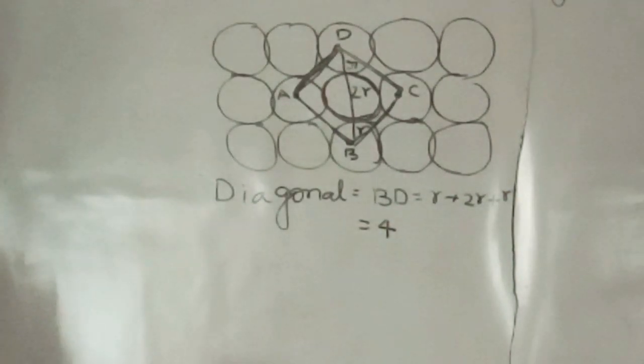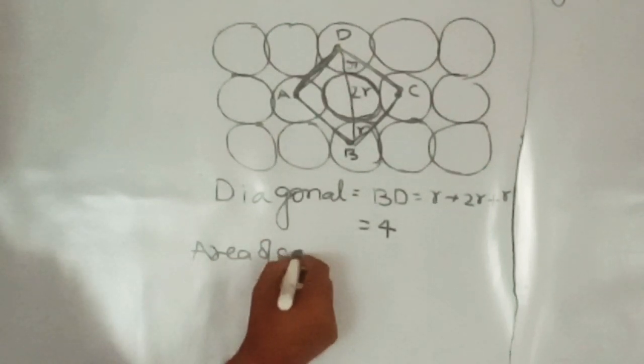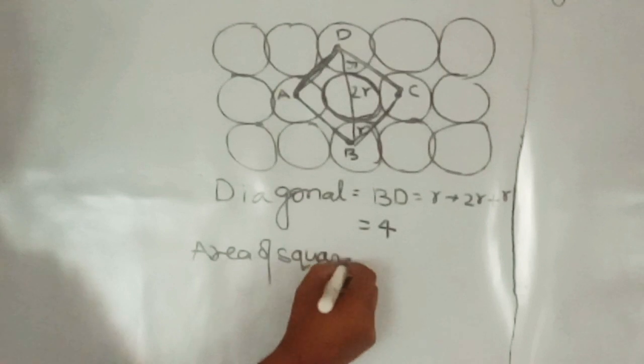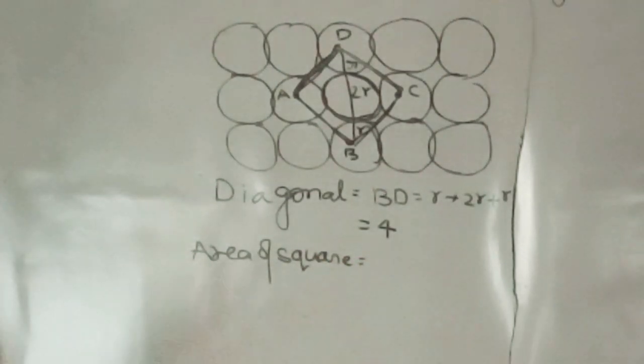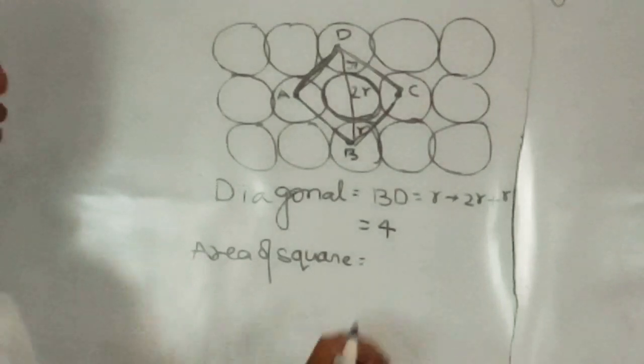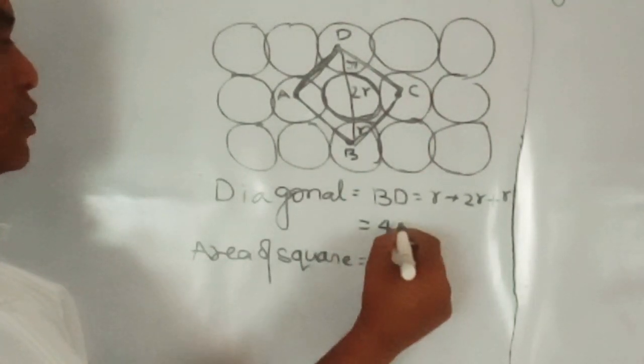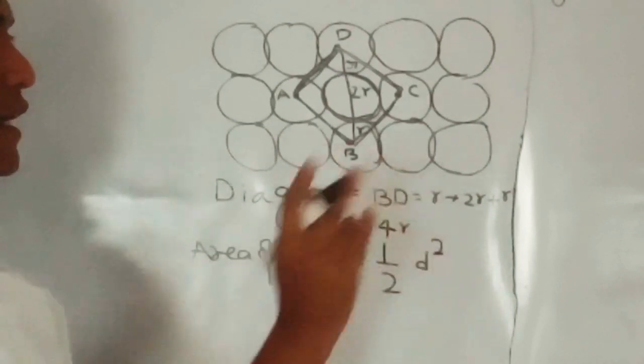Beta, you know the area of a square in terms of diagonals. If there are two diagonals D1 and D2, then the area of a square is half D1 D2. Because both diagonals are the same, the area of a square is half D square.